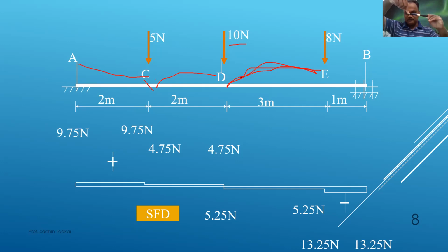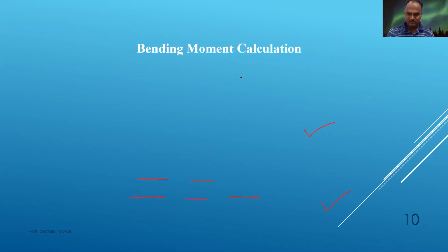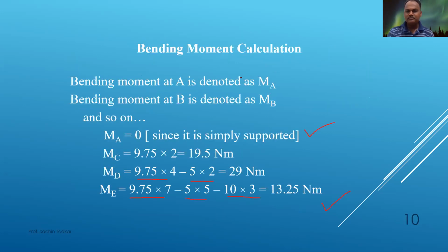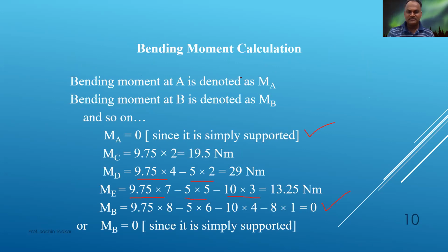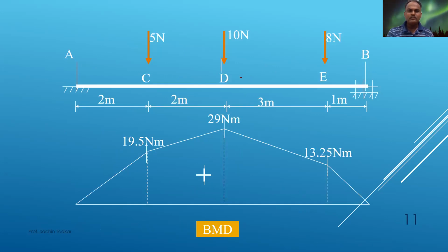If I give a downward force, it will hog the particular beam. These are the sign conventions to be remembered in this type of example. And then your SFD and BMD is very easy. You got the values 19.5, 29 and 13.25.